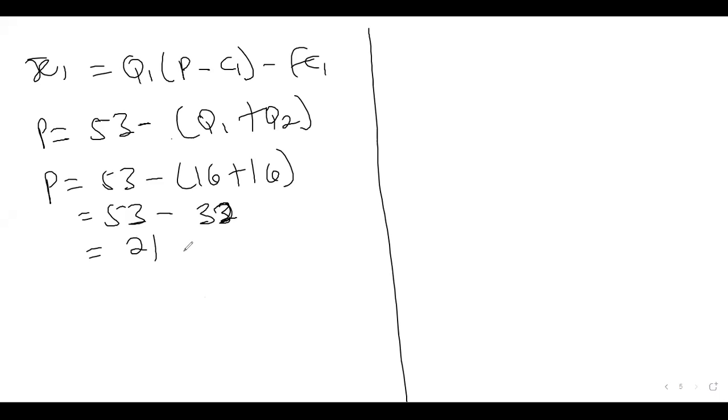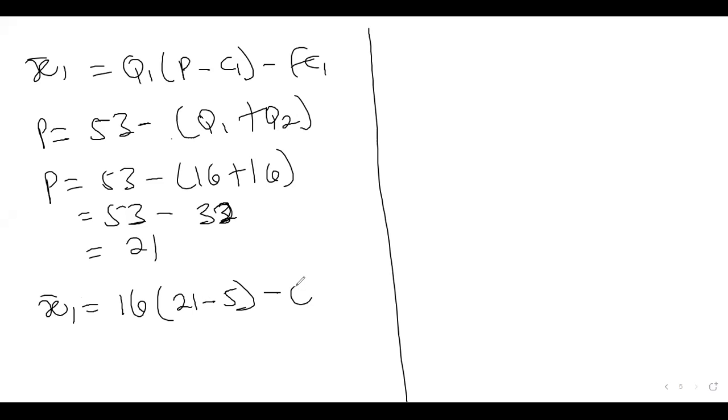Okay, now remember from our earlier analysis, I told you that in this question there is no fixed cost. So it means that the profit for firm 1 will be equal to the quantity of firm 1, which is 16, into bracket the price 21 minus the average variable cost and the marginal cost, which is 5, minus 0 since there is no fixed cost.